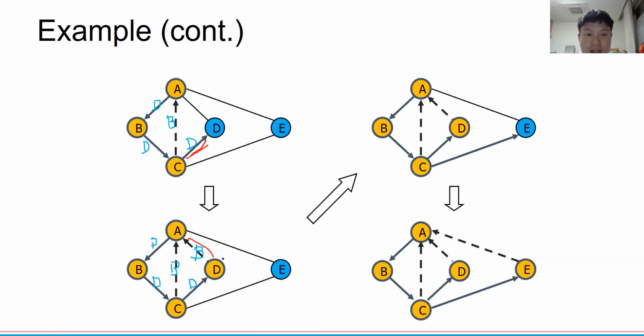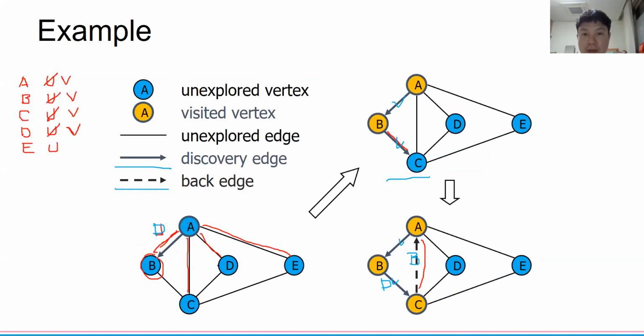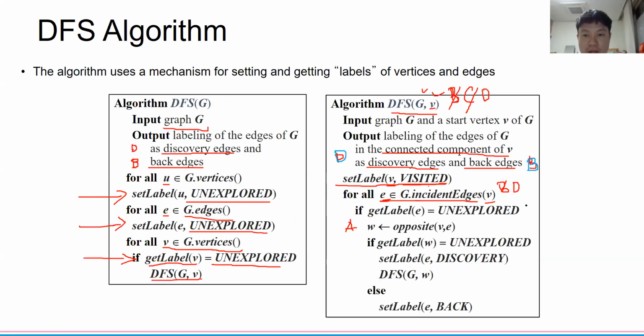After you have the back here, what happened? Is there any other E from D? Because there is no other E from D, then you will finish the for loop, and it will return back to the previous node. What is the previous node?